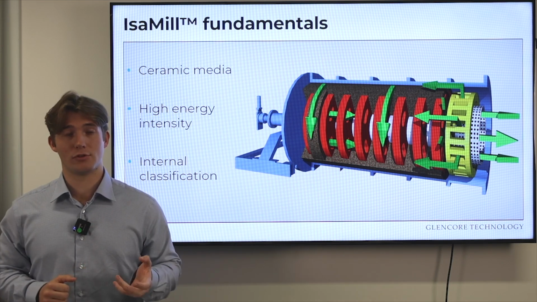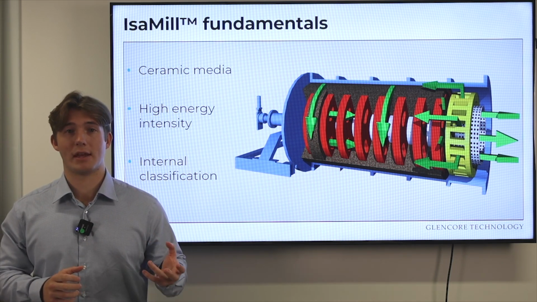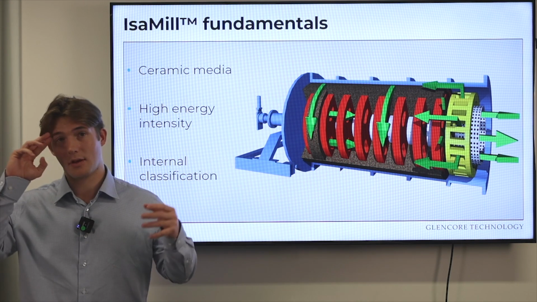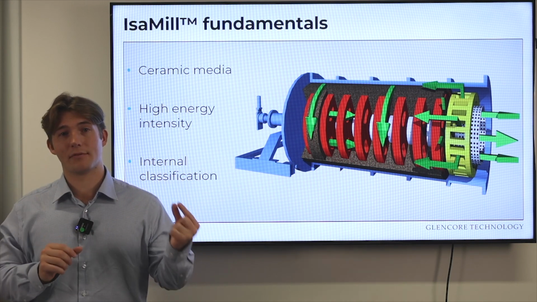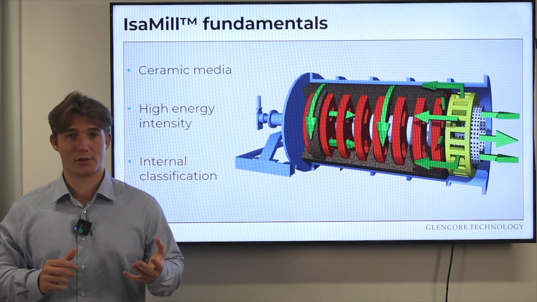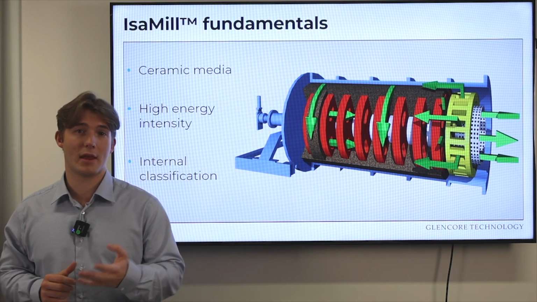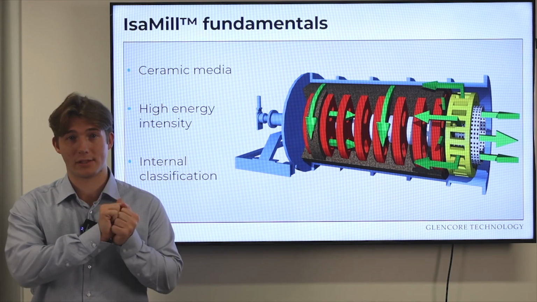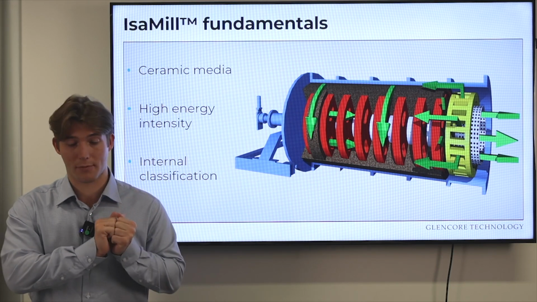The IsaMill also introduced ceramic media in greater volumes and at finer particle sizes to ensure that with the greater surface area there were more particle-media collisions to provide that abrasive attrition grinding environment.